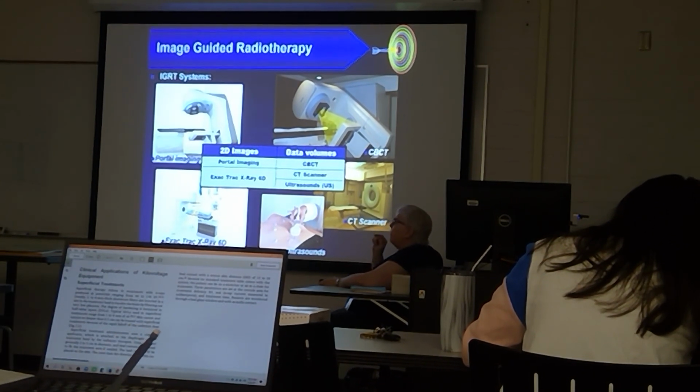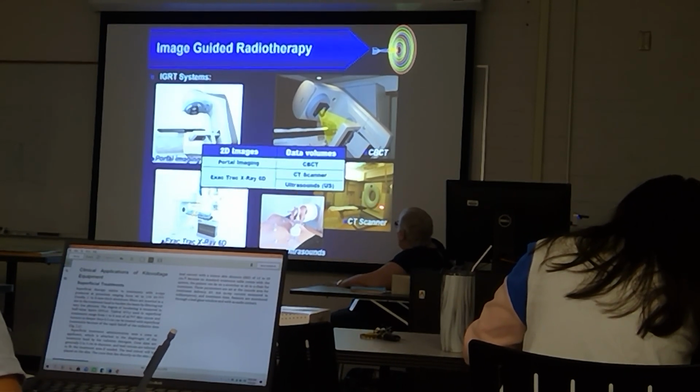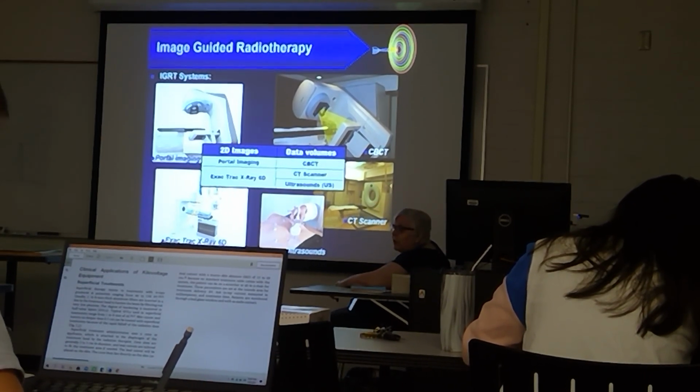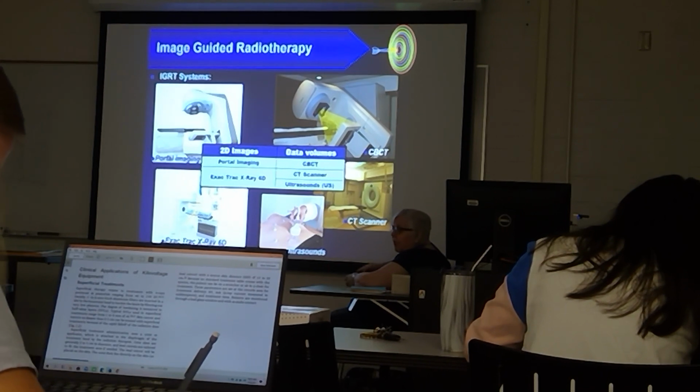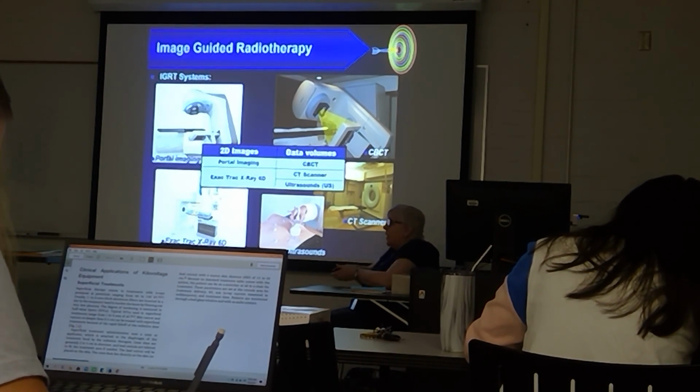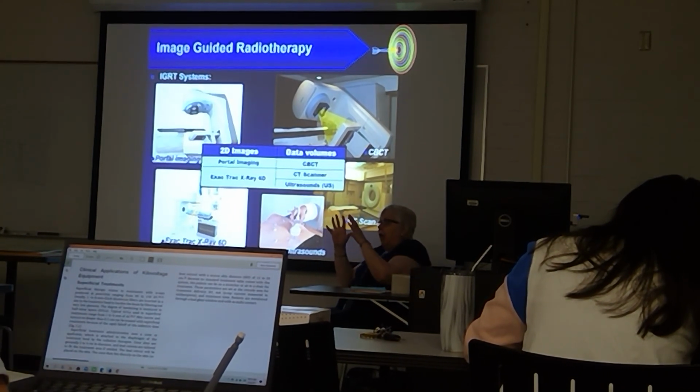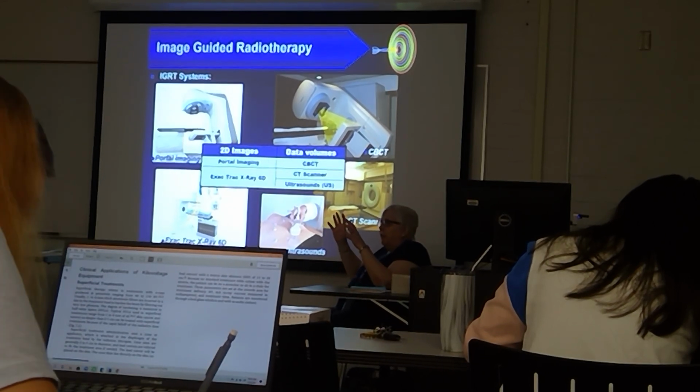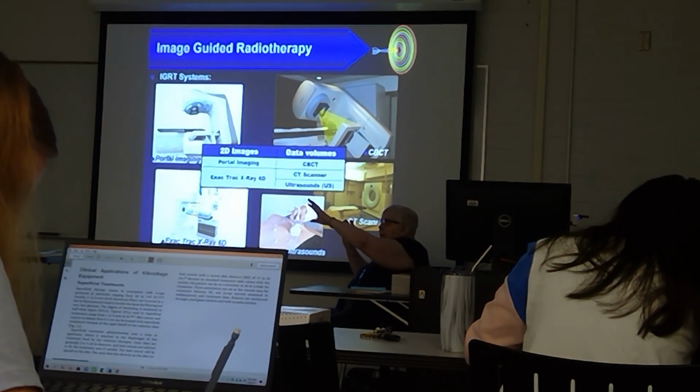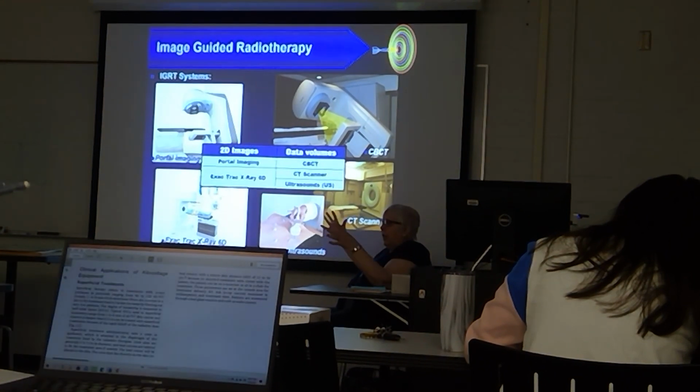Now, there are some older machines which use what they call CT on rails. So you have a CT scanner in the treatment room, and the machine can be moved out of the way and the CT scanner taken over the patient and the CT done.